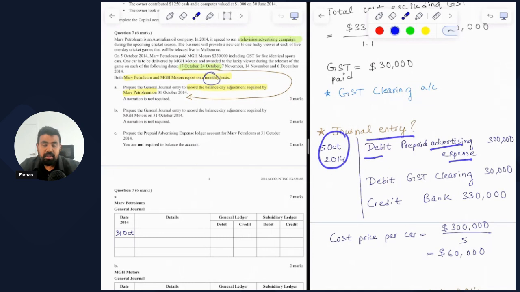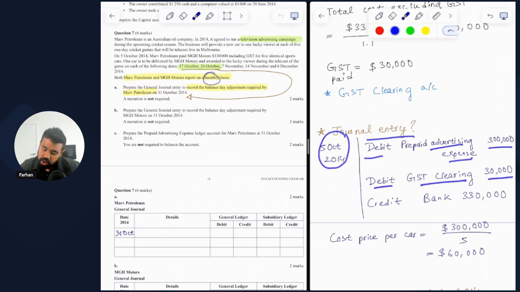The reason we're debiting the prepaid advertising expense is because at this point in time, which is the 5th of October, the prepaid advertising expense is a current asset. Altogether, $300,000 with the GST recorded separately as $30,000. And as you can see, we are debiting GST clearing because this is reducing our obligation with the ATO, which in fact is reducing our overall liability.